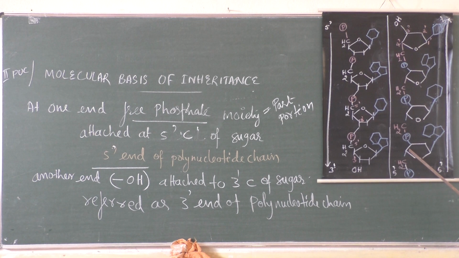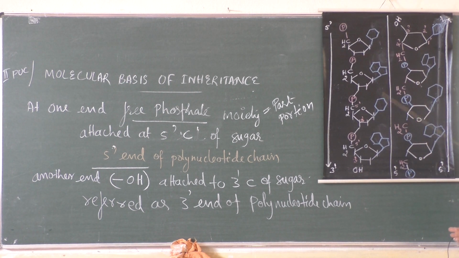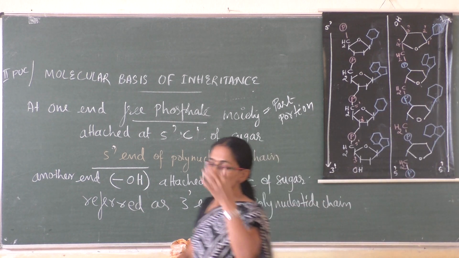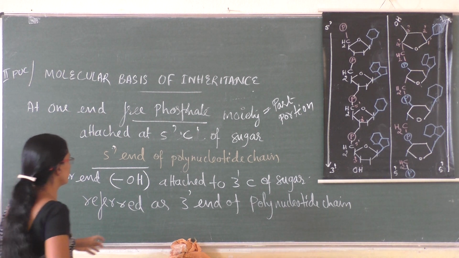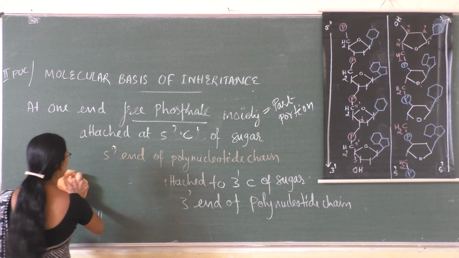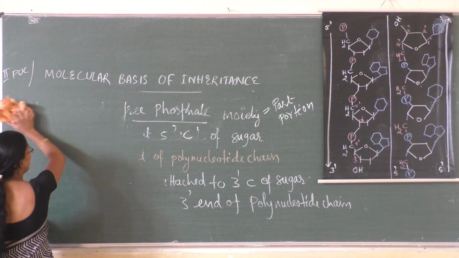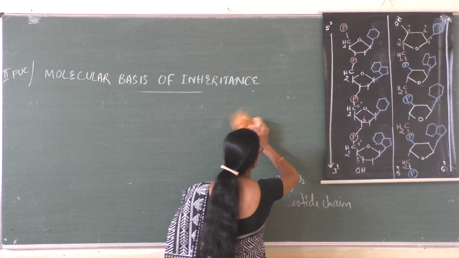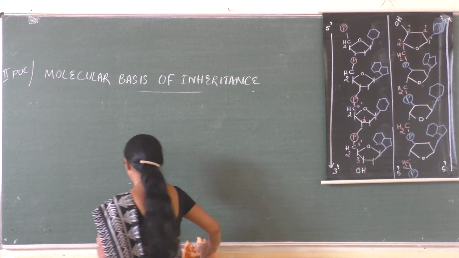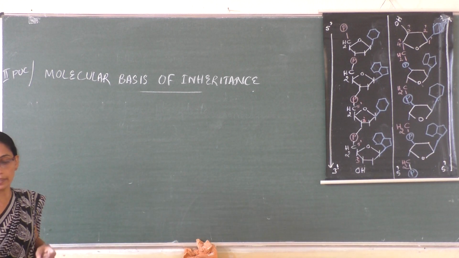No need to concentrate on this, I'll explain it in the next class. Concentrate only on this part. So a polynucleotide chain has two ends, 5' end and 3' end.